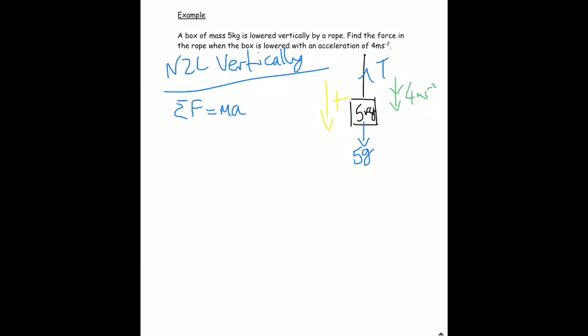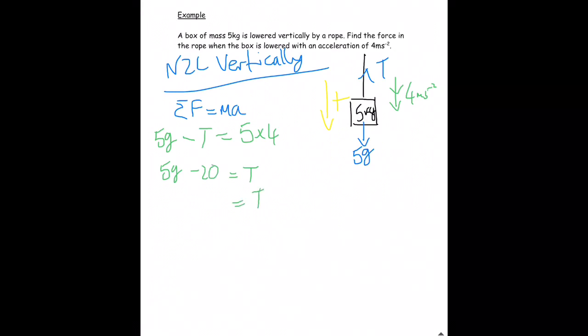Any force acting down, that's my weight, 5g. Any force acting up is negative, which is the rope pulling it up, and the mass times the acceleration. Mass is 5 kilograms times the acceleration, which is 4. If I rearrange this, I get T is equal to 5g take away 20, which comes out as 29 newtons as the force in the rope.